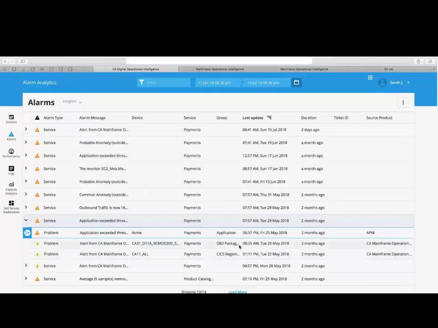Here it shows that CICS region and DB2 alarms were fed in from the mainframe, and an application called Acme, a fictitious application we are using in this use case, is the root cause of the problem. This sign shows the root cause, identified by the machine learning algorithms.